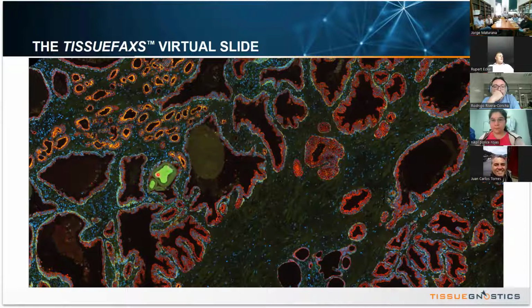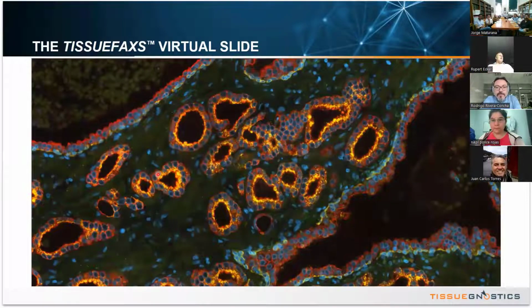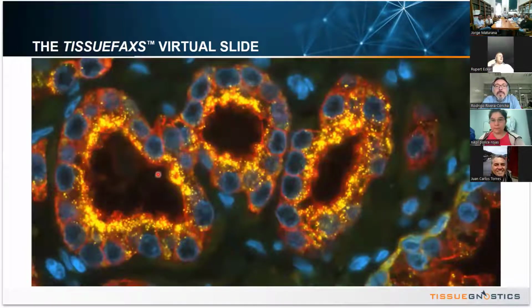This in green here, by the way, is a prostatic stone. And like with Google Earth, we can navigate through our sample and zoom in to see the details down to the cellular or subcellular details.